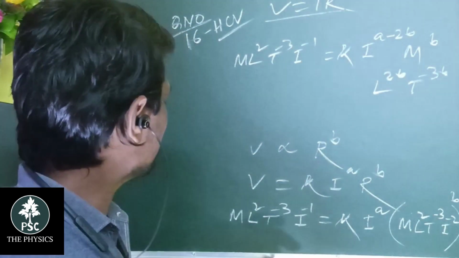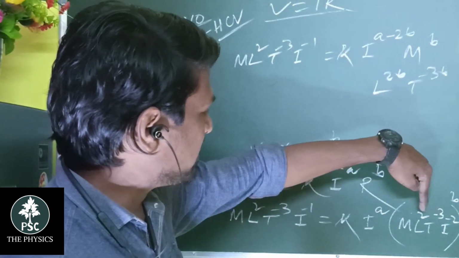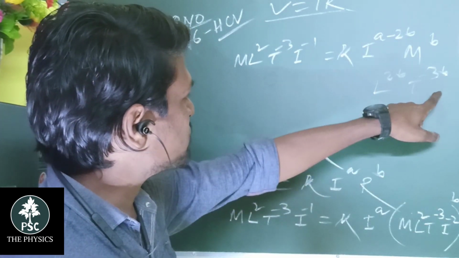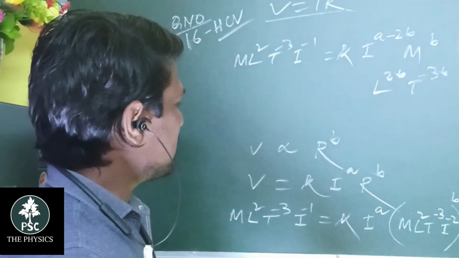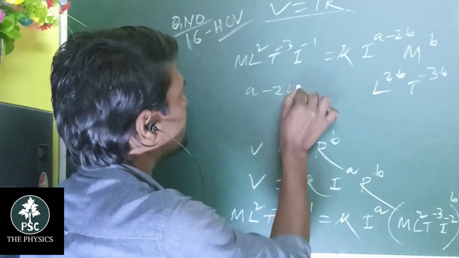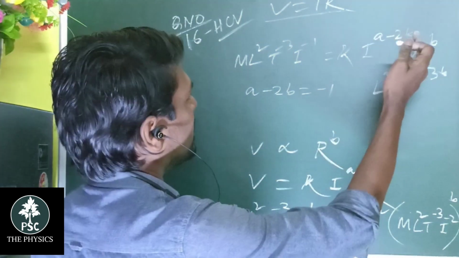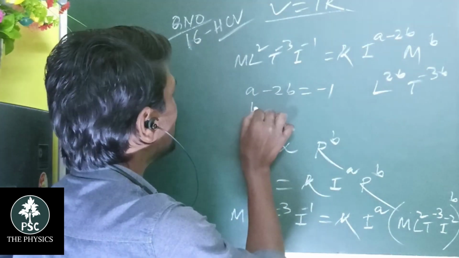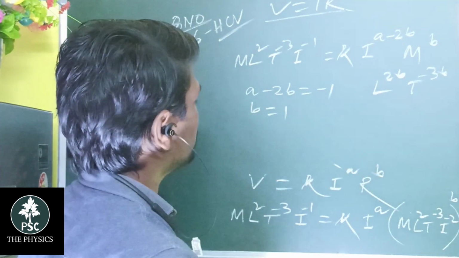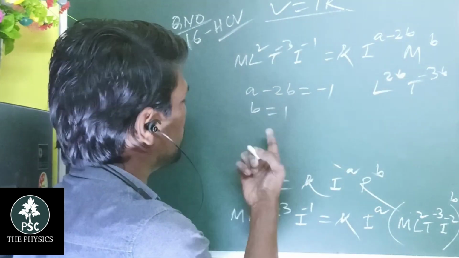You can check, students: ML^2 T^-3 I^-1 equals kappa, I^(A-2B), M^B, T^-3B. Now compare. Comparing current with current, A minus 2B equals -1. Comparing M, the exponent is 1, so B equal to 1. Then minus 3B equal to -3, so B equal to 1.